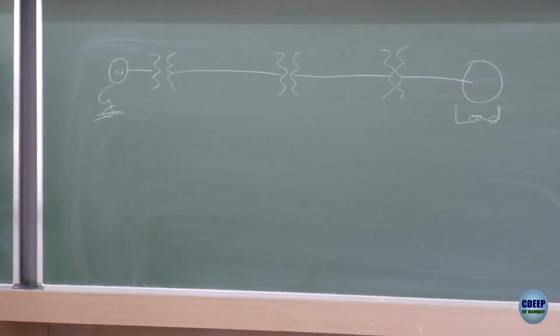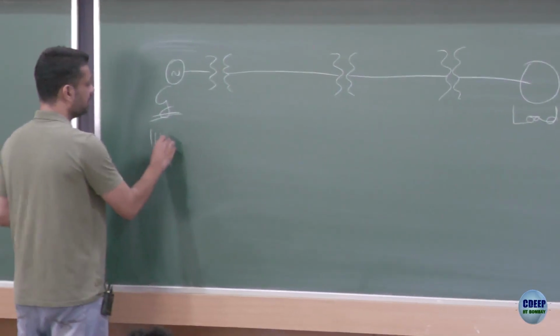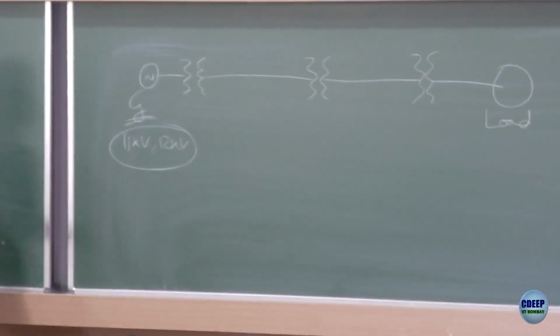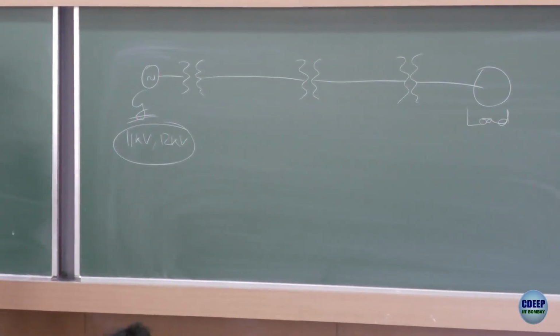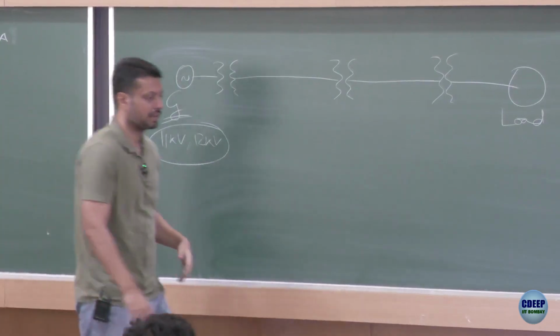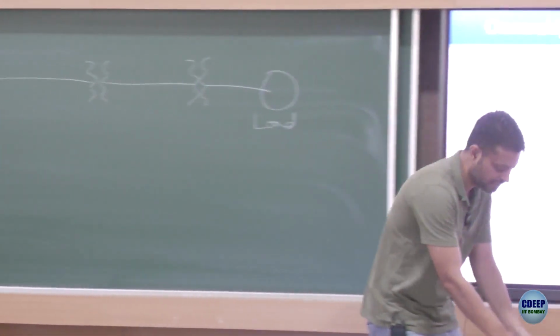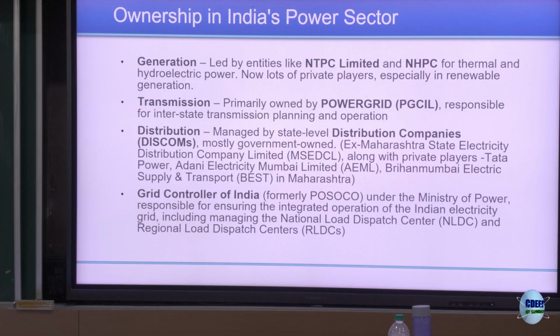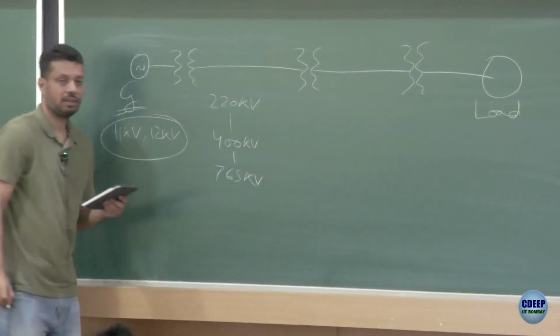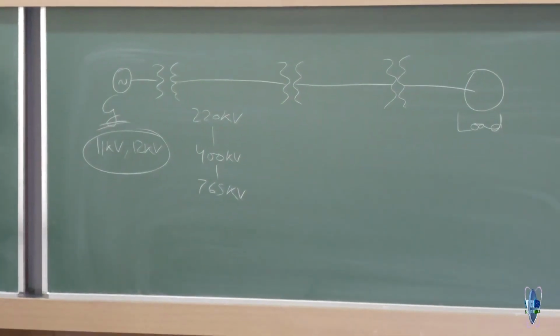The voltages at which they produce is usually 11 kV, 12 kV of this order. This is the voltage that comes out of the generator directly, and this is not very high, so you cannot use it to transmit over a long distance. So these get stepped up to different values ranging from 220 kV to 400 kV to 765 kV. These are all kilovolts, so 765,000 volts.